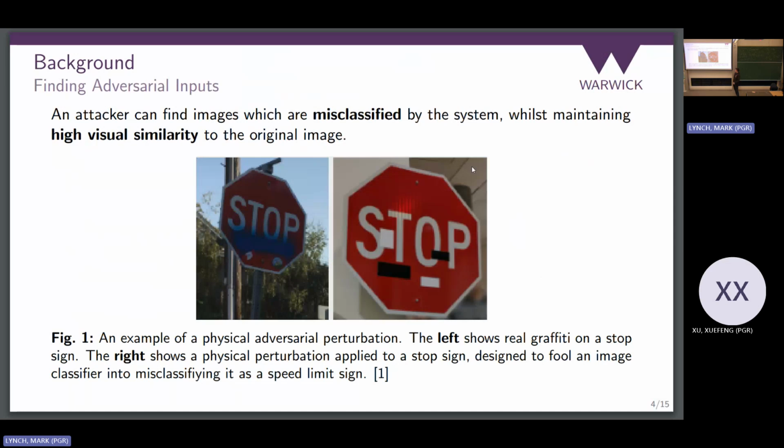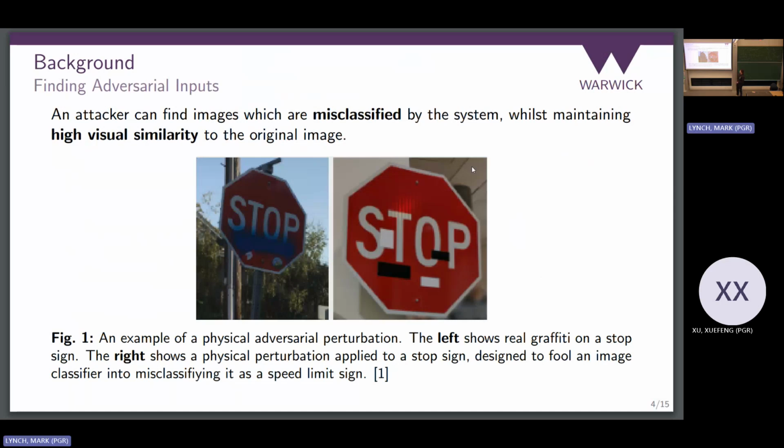They have been crafted in a way to fool an image classifier into thinking this stop sign is a speed limit sign. You can see it still looks quite similar to a stop sign. If you saw it while you were walking around, you might not think twice about it. This is one of those examples which would have a large consequence if it happened in a real life scenario.